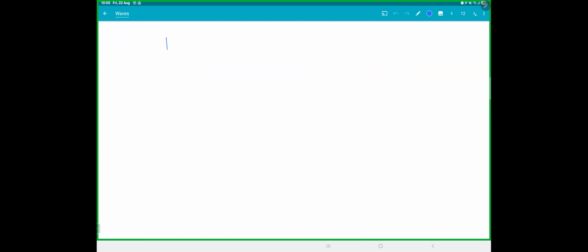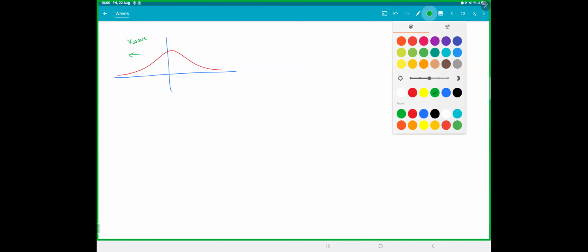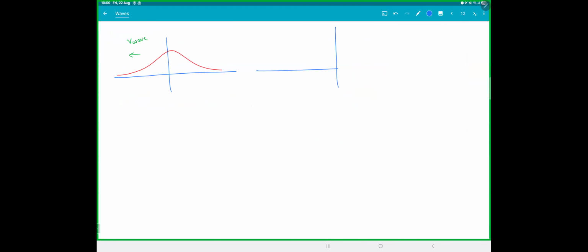Similarly, if this bump travels to the left-hand side, then this will become minus vt, 0.